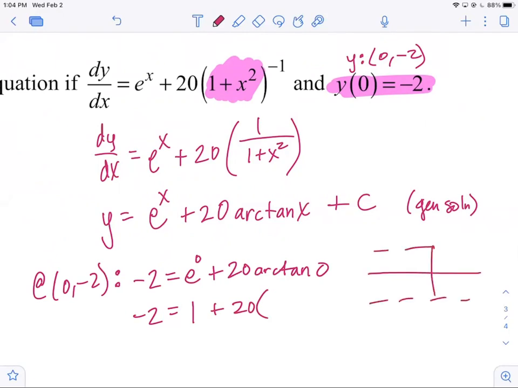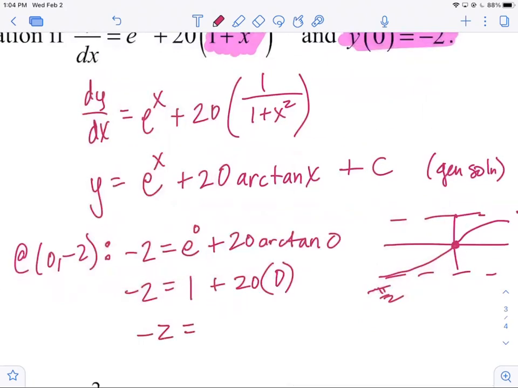Remember the graph of arctangent. Here's the graph of arctangent right here. It passes through the point 0, 0. So arctangent of 0 is 0, and so this becomes -2.